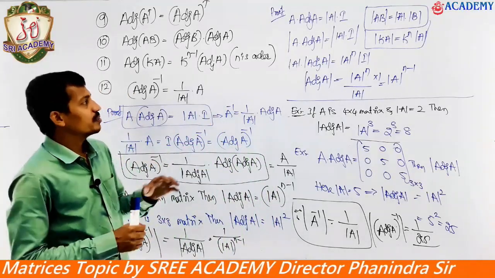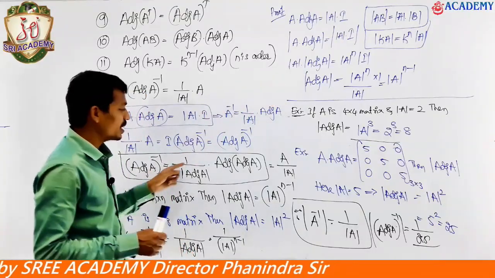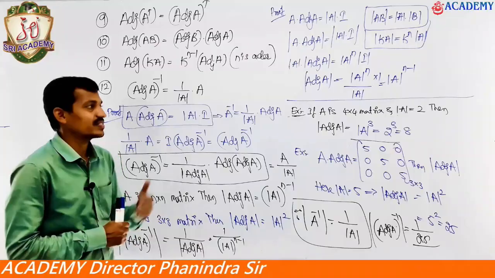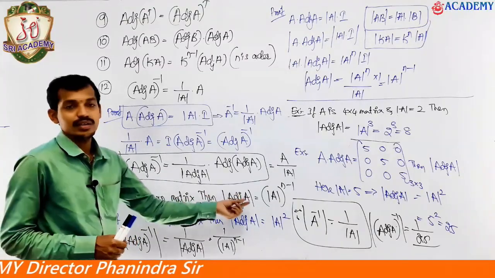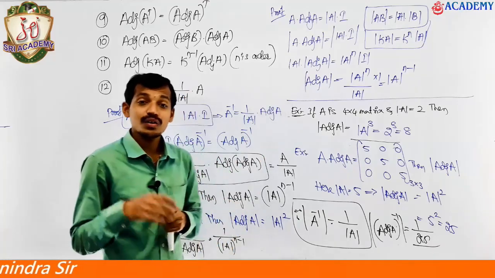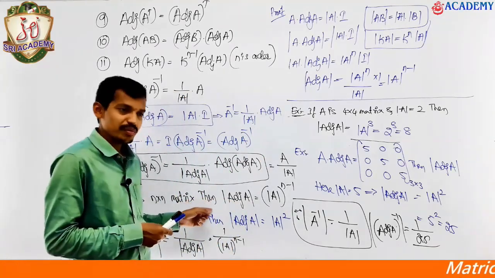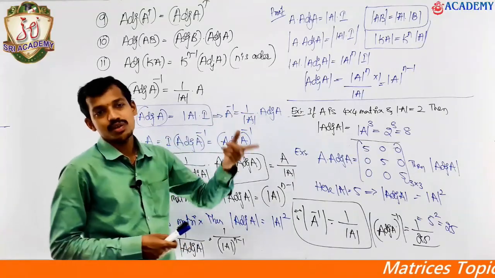If you remember why I am giving these proofs, you can remember this very easily. That is why I am giving here the determinant of adjoint of A proof. Because you are going to remember that very easily. Even if you do not remember, if you follow the procedure you are going to get it.